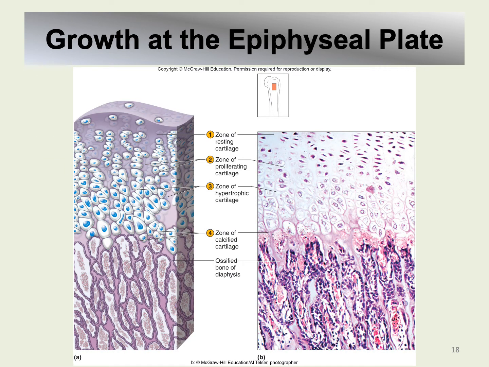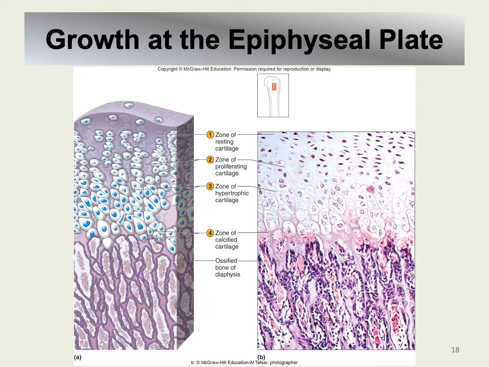Here we have 4 zones. The outermost layer is the zone of resting cartilage. You see there are scattered cartilage cells and they are small in size. Next is the zone of proliferative cartilage, which means the cartilage cells start multiplying and more cartilage cells form. And the third zone, the zone of hypertrophic cartilage, where there is no multiplication and no new cartilage forming, but the cartilage cells start enlarging, getting bigger.